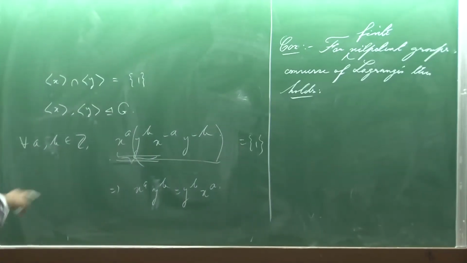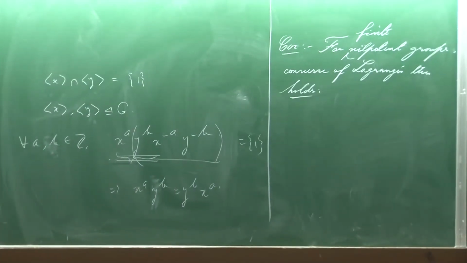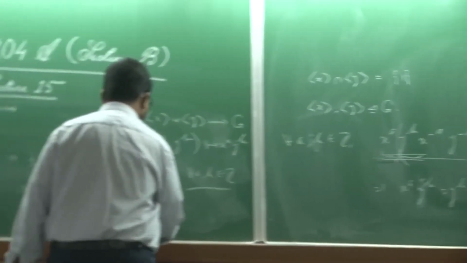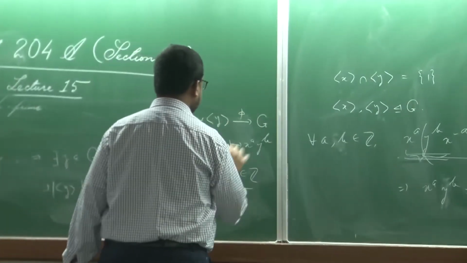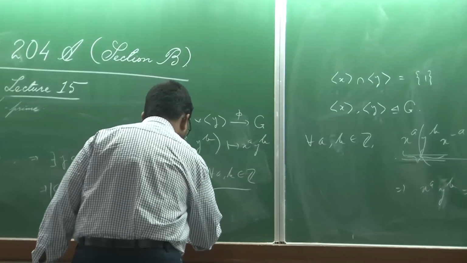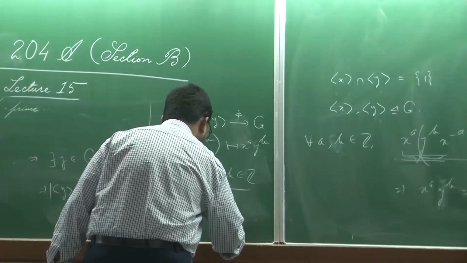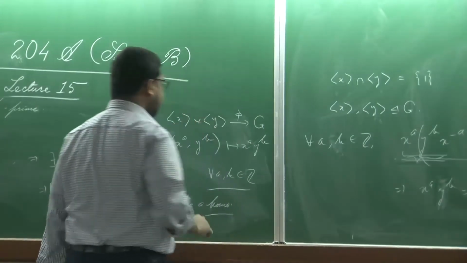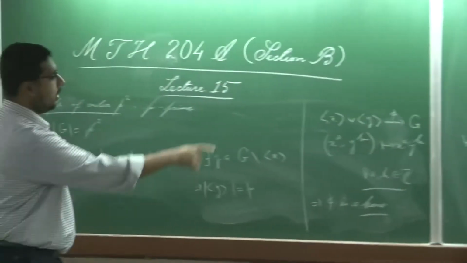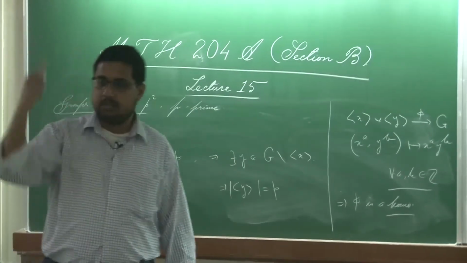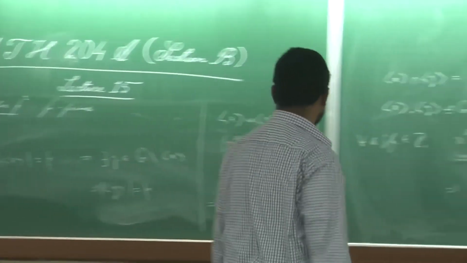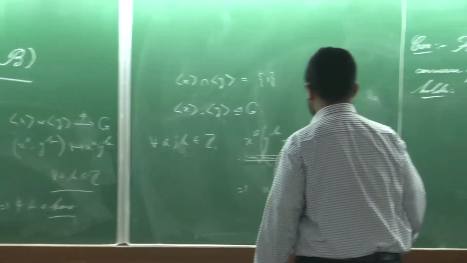Once we prove that any power of x commutes with any power of y, it follows that this map is a homomorphism. Next we have to prove that this is one-one. We just have to show that the kernel is trivial. So what about the kernel?